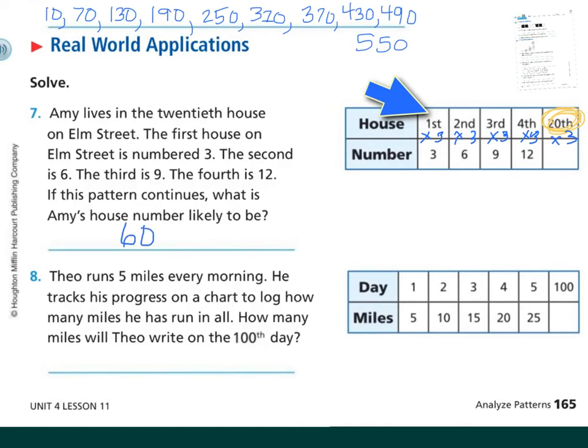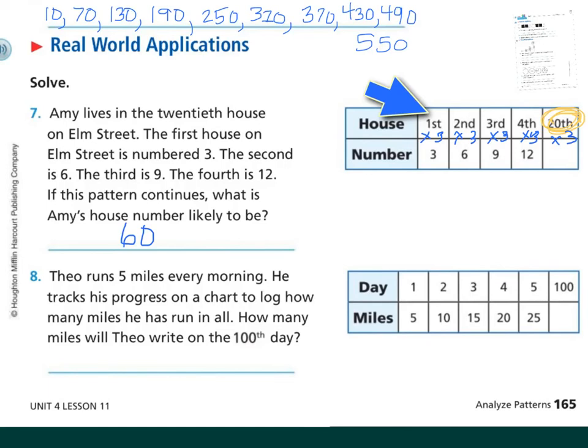Looking at the next one, it says Theo runs 5 miles every morning. He tracks his progress on a chart to log how many miles he has run in all. How many miles will Theo write on the 100th day? So we might want to look at the relationship between the day and the miles and see if we can come up with some kind of a rule.